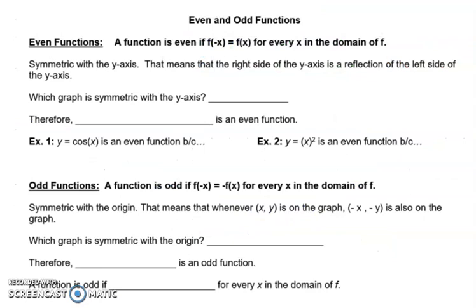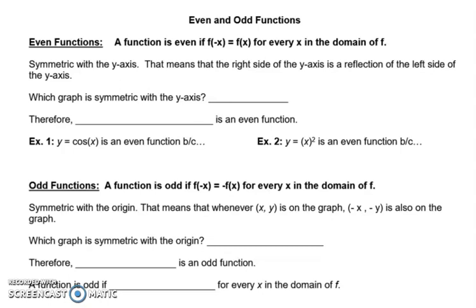Even and odd functions. An even function is a function where f of negative x is equal to f of x for every x in the domain of f. So even functions are symmetric with the y-axis. That means when the right side of the y-axis is a reflection of the left side, the graph is symmetric. Which graph is symmetric with the y-axis?